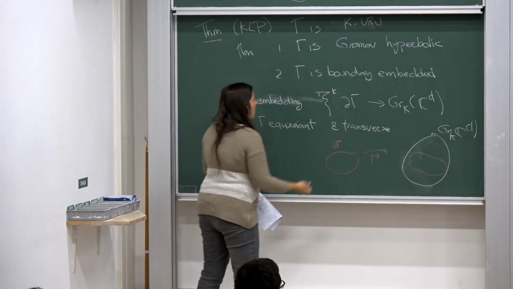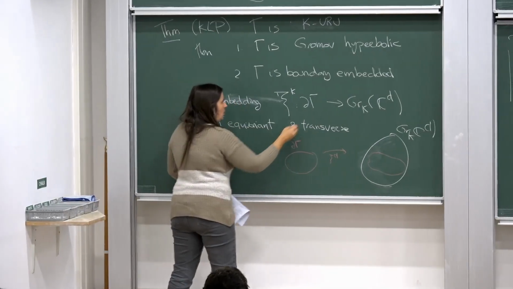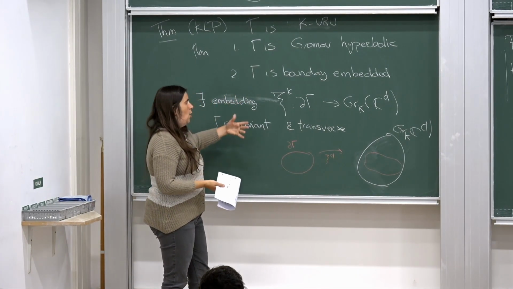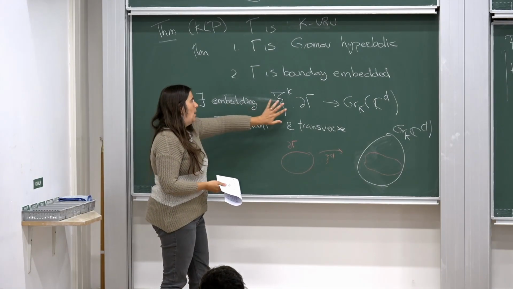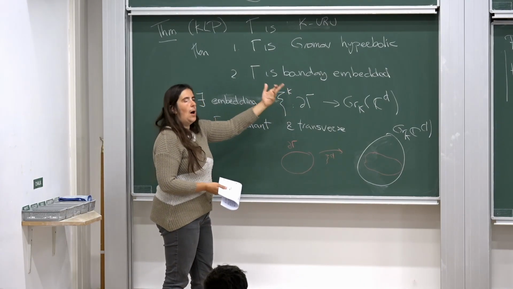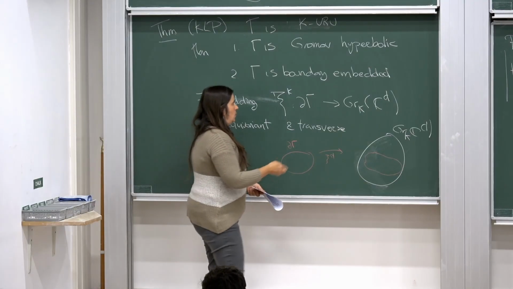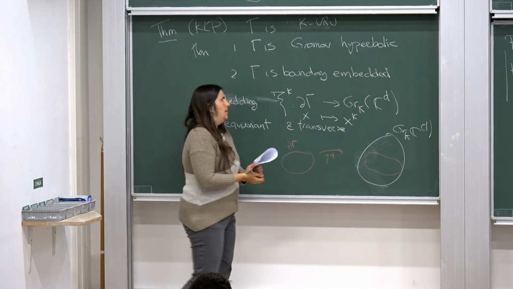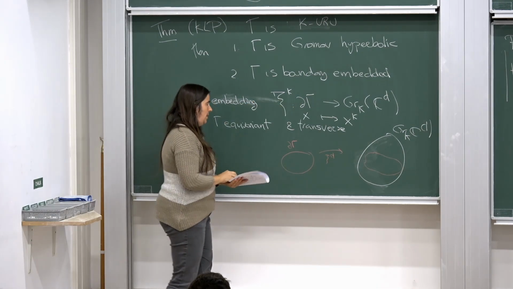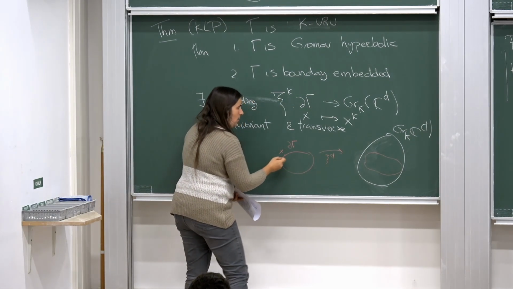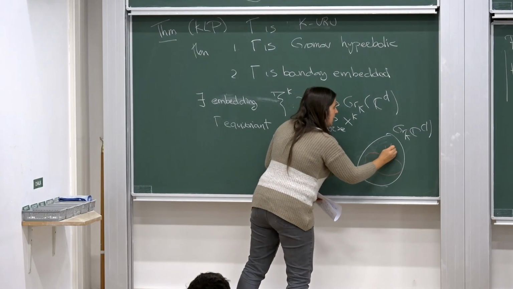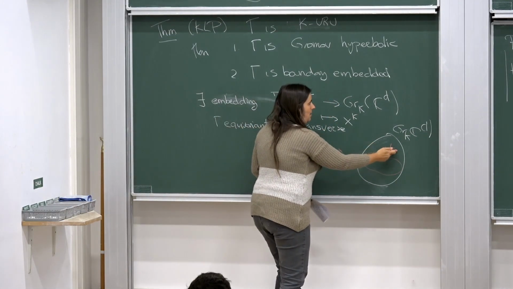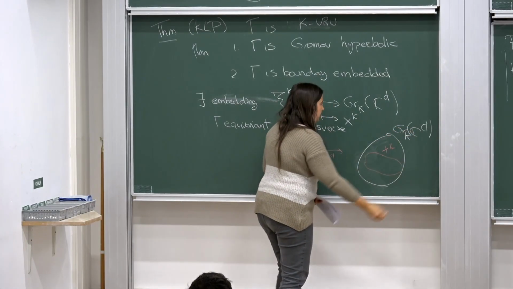And I have additional properties, which you can say is some sort of strong version of injectivity, made out of looking at two different boundary maps at the same time. If I denote by x_k the image of this boundary map, so if I have a point x in the abstract boundary, I call x_k the corresponding k-dimensional vector subspace of C^d.